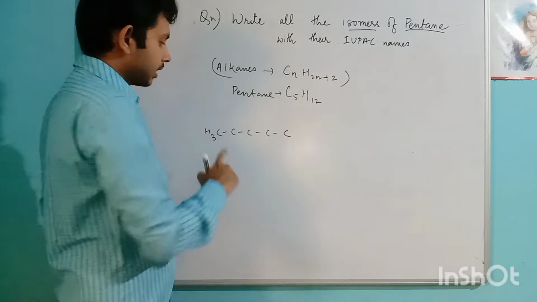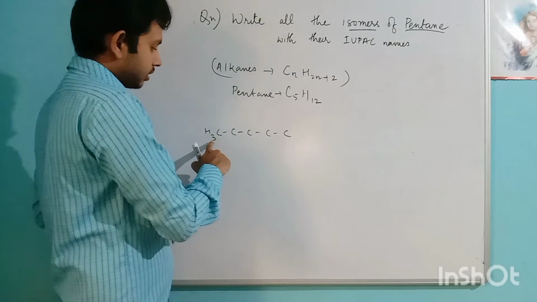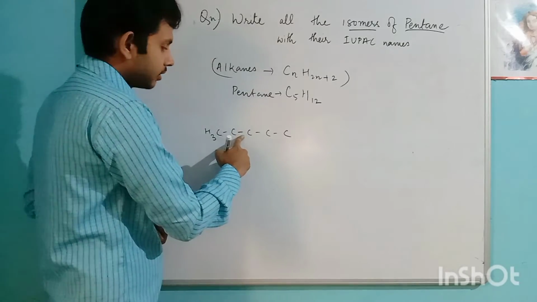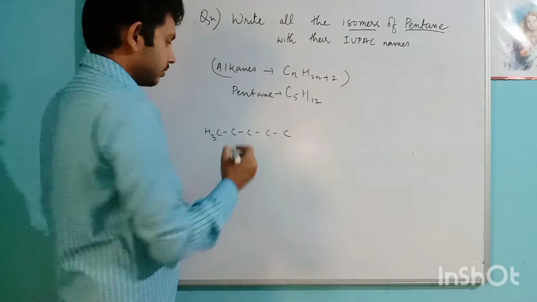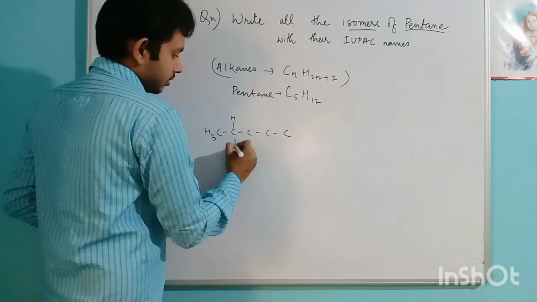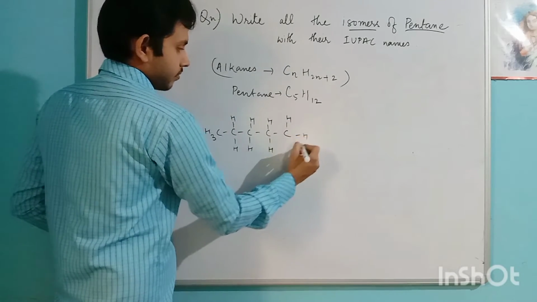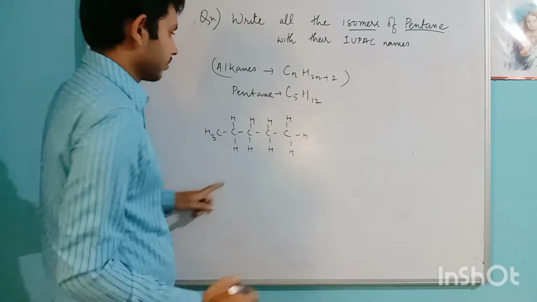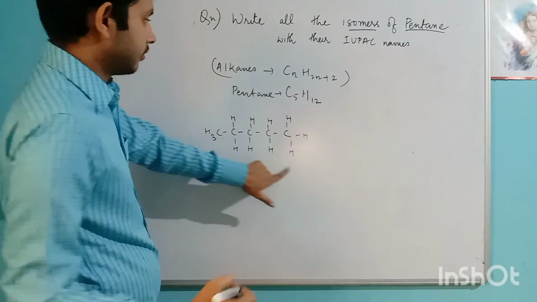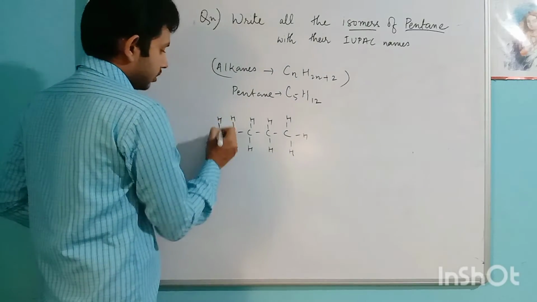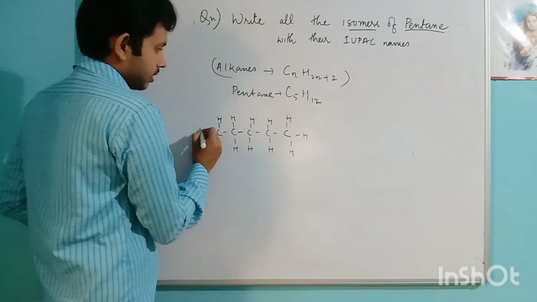You must remember that carbon will have 4 bonds. So there are 3 bonds here plus 1, that is 4. 2 bonds are there, you have to put 2 more bonds. So you have made one isomer. You can write these 3 hydrogens also like this if you wish.